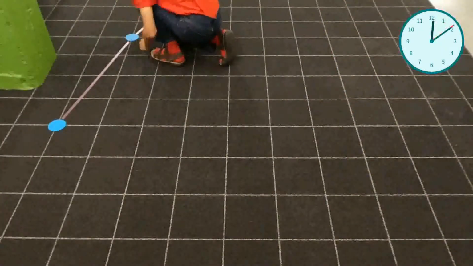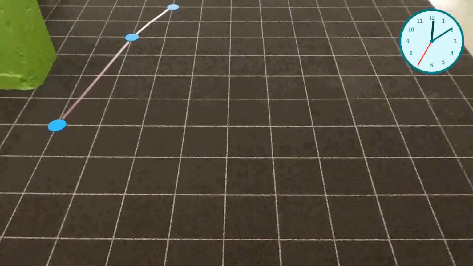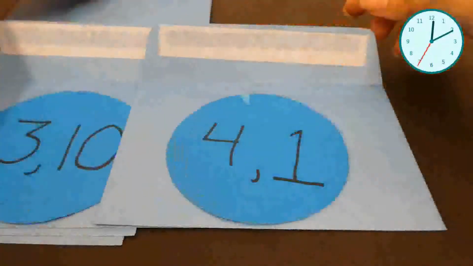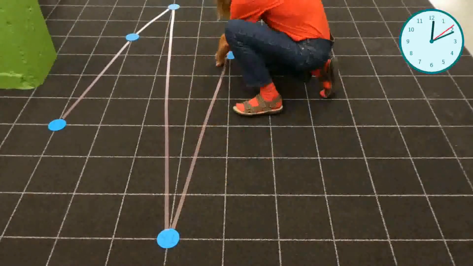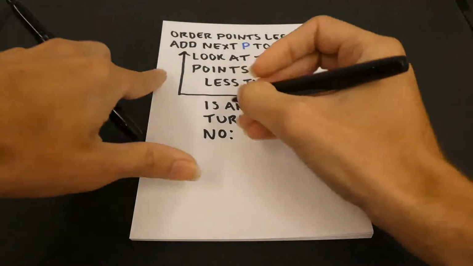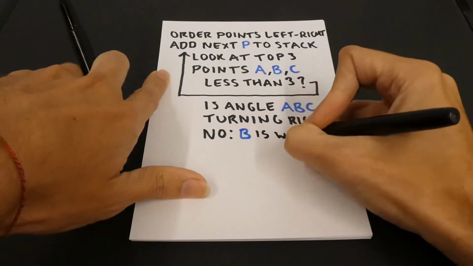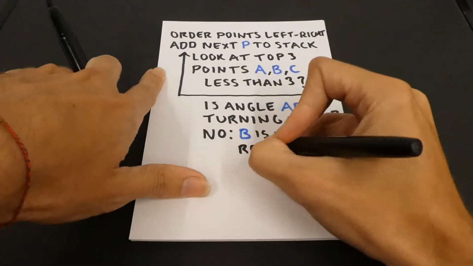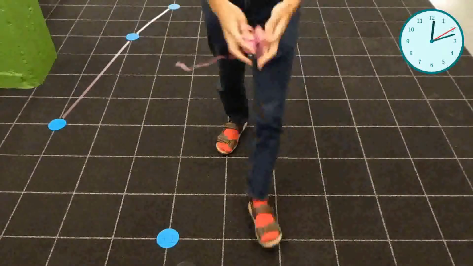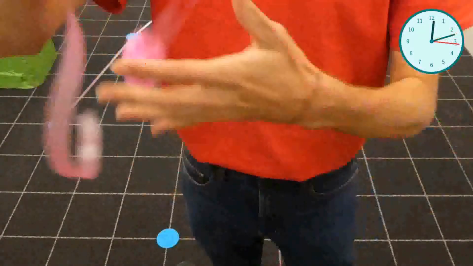Then I know that all points in my stack are on the outside because I knew that before I added the last point, all points were on the outside. If the angle ABC is not turning right, then I know that B does not belong on the outside. The line through A and C passes over B, so I should throw away B.